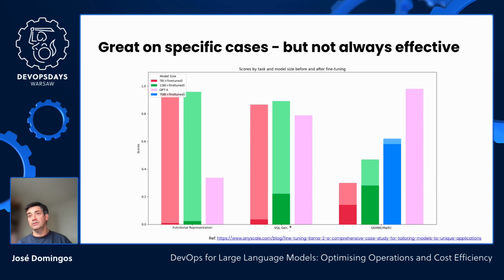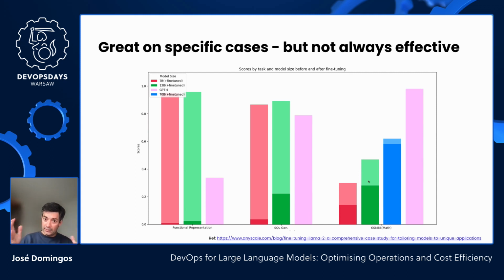Another test they did was SQL generation. The 13 billion model was already capable of doing SQL generation up to a certain level, and then they could train both models with fine-tuning to achieve better than GPT-4.